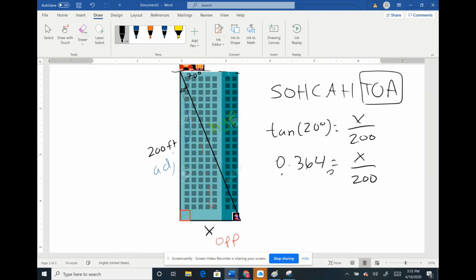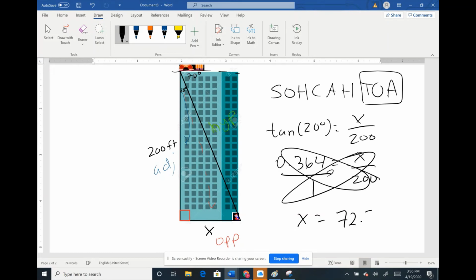I put it over 1, I cross-multiplied, and I'm going to get that x is equal to 72.794. Since this is a 4, I don't have to round that up, so I get x equals 72.79 feet.